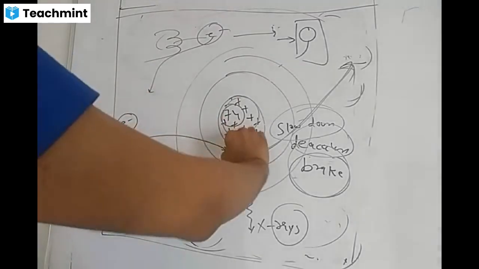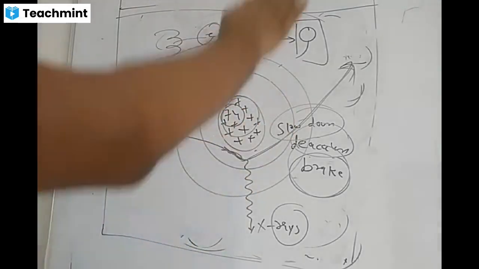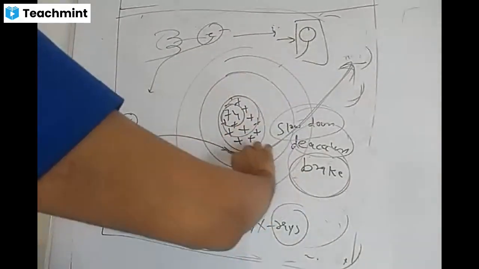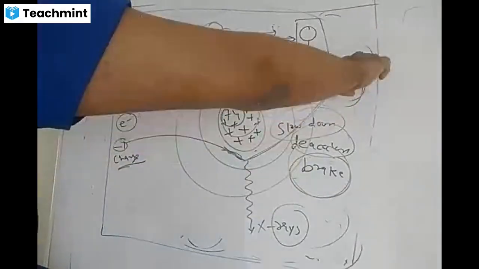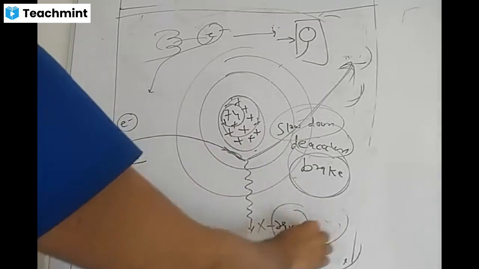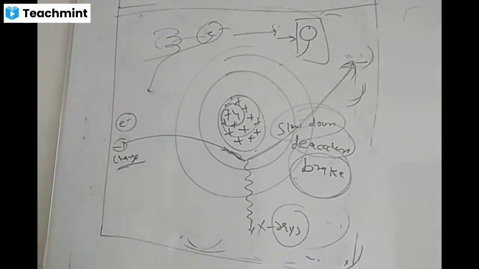When it comes near to the nucleus, it will attract, it will slow down, deaccelerate or apply some brake, and it will bend from its normal path, and it loses its energy in the form of X-ray. So this is how radiative interaction will lead to production of X-ray.